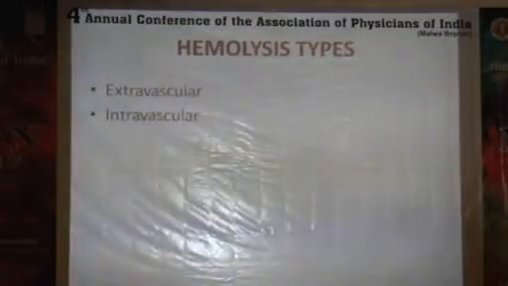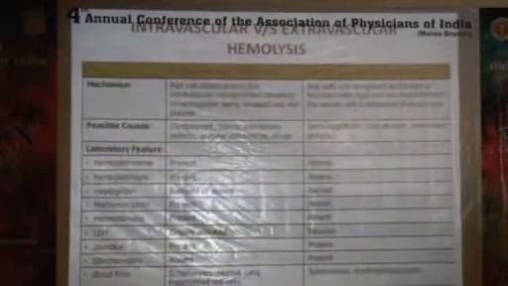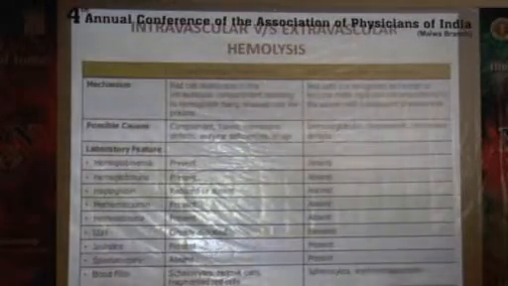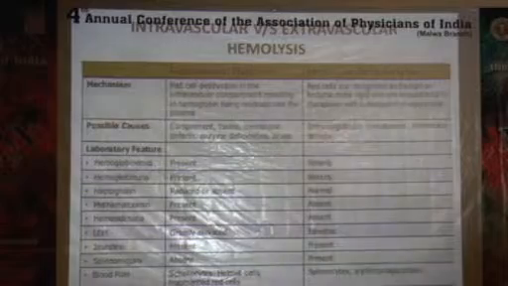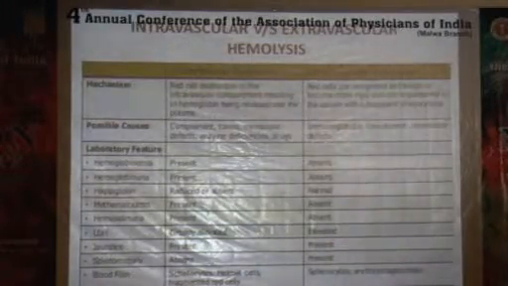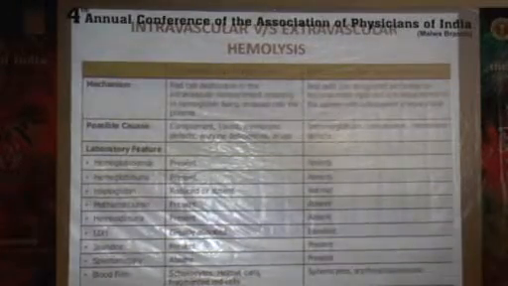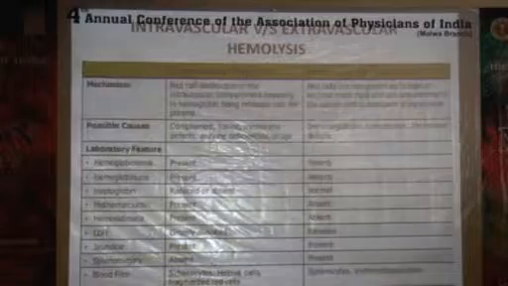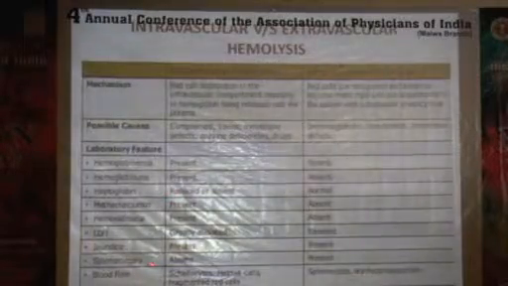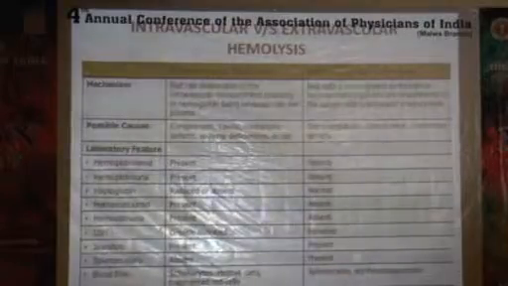Hemolysis, just briefly, can be extravascular or intravascular. This slide is a very heavy slide, but I am going to make it very light. As a clinician, a patient comes with mild jaundice, anemia, we think of hemolysis. If the spleen is palpable, if the patient has splenomegaly, we are dealing with extravascular hemolysis.